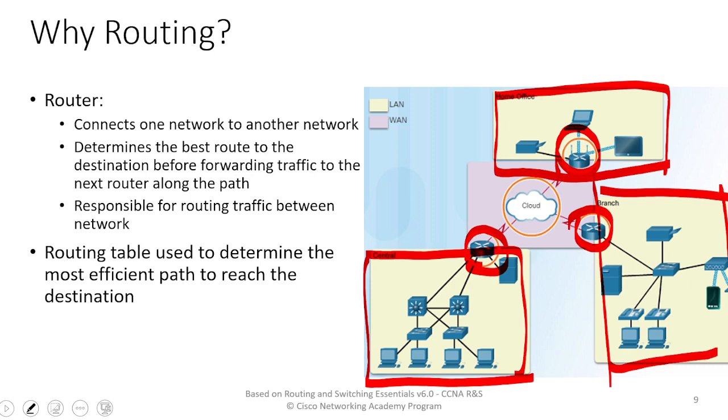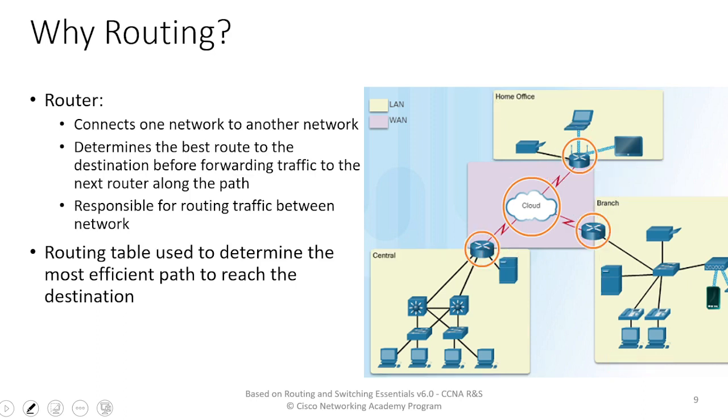With these 3 networks, how do we go about interconnecting them so that the devices within each of these networks can talk to each other? Otherwise these devices don't know how to talk to the other devices. For example, someone from the branch office may need to connect to someone from the head office. So how do they know how to connect?